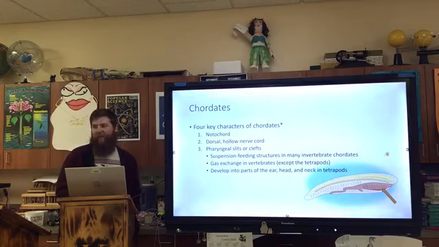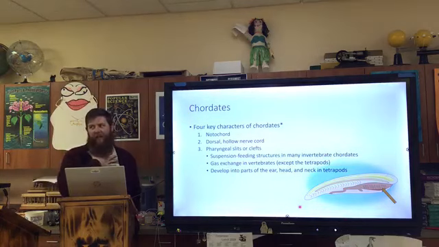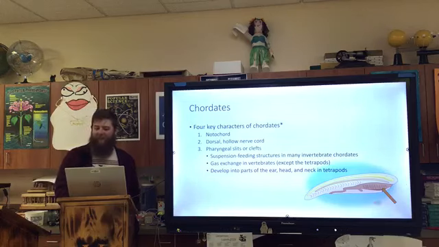And in tetrapods, us, or things with four legs, we'll count arms as legs here, these develop into parts of the ear, head, and neck. Now, that makes sense because, if you haven't figured it out by now, this is the head of this organism, and this is the tail of this developing organism.